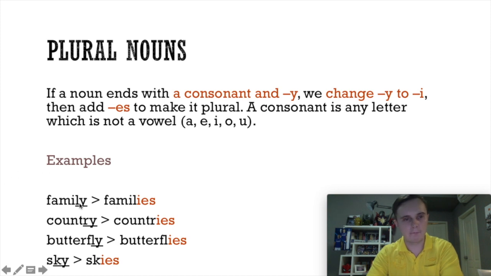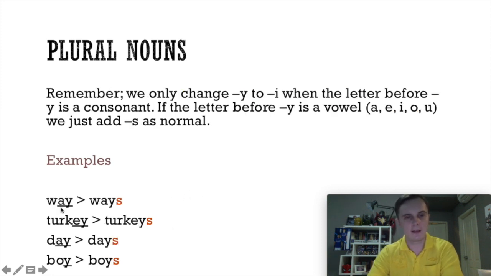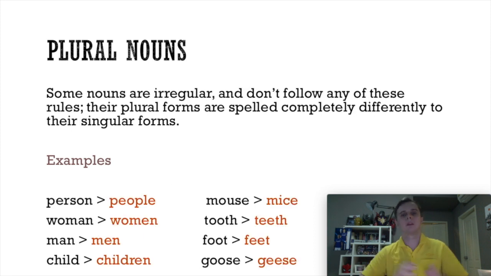If the letter before Y is a consonant, then you change Y to I, add ES. If the letter before Y is a vowel, A, E, I, O, or U, you don't change Y to I. You just add S like you normally do. Okay.